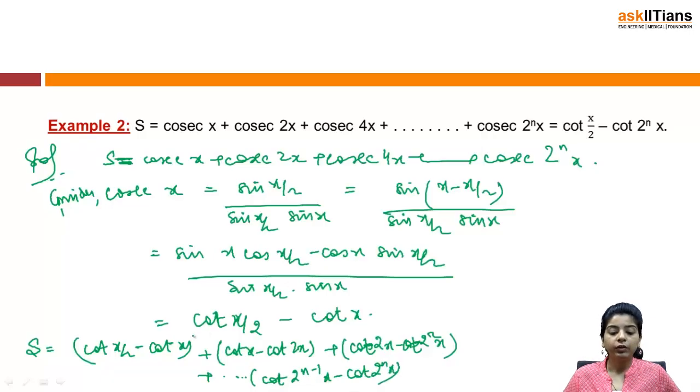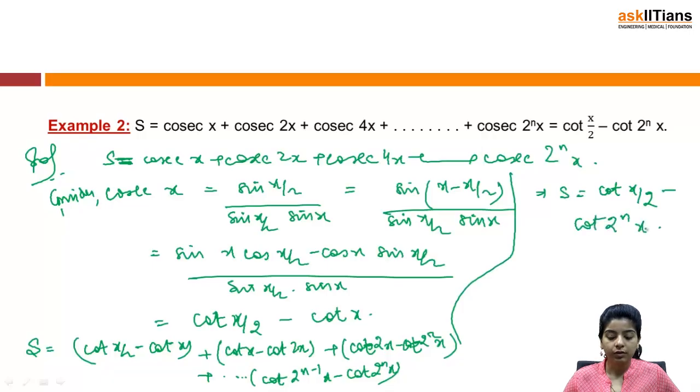Once you cancel out the terms, like minus cot x and cot x get cancelled, then minus cot 2x plus cot 2x gets cancelled, and therefore this ultimately yields s is equal to cot x by 2 minus cot 2 raised to n x. So this is basically the answer.